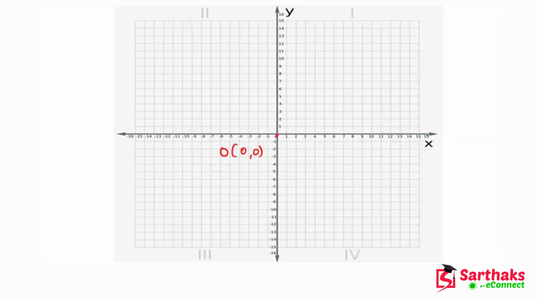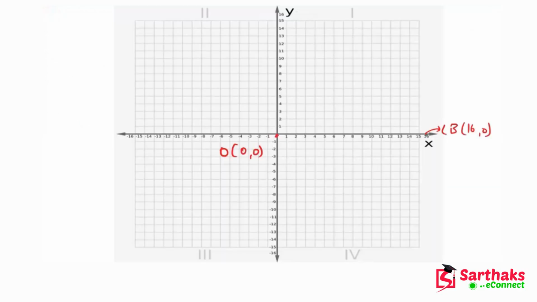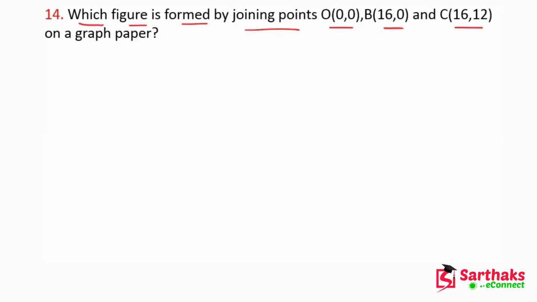So here is (16, 0), this is point B. Now the next is (16, 12): 16 is here and 12 is here, so the point is here.